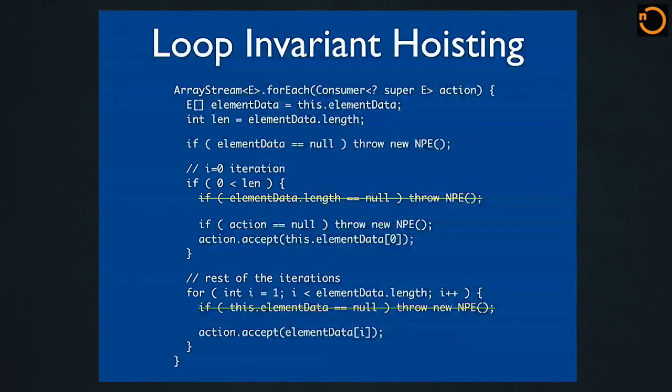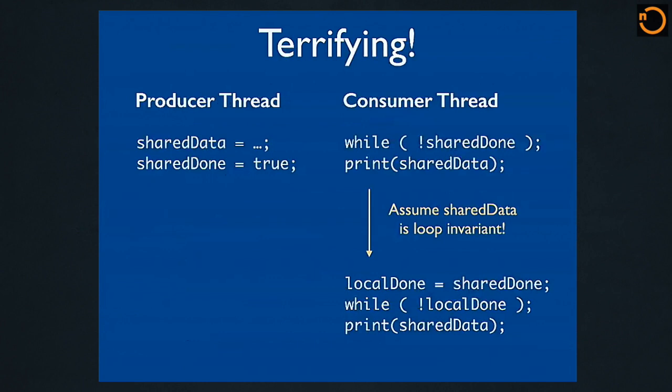After all, in hardware, you have to pull everything into a register to work with it anyway. So conceptually, you always have to work with local variables. There's no way around this. Then, that shouldn't have been element data length, sorry. You check, if element data is null, okay, that goes away, and that one goes away. Because we are now assuming we don't care if another thread changes it. This should terrify you a little bit.